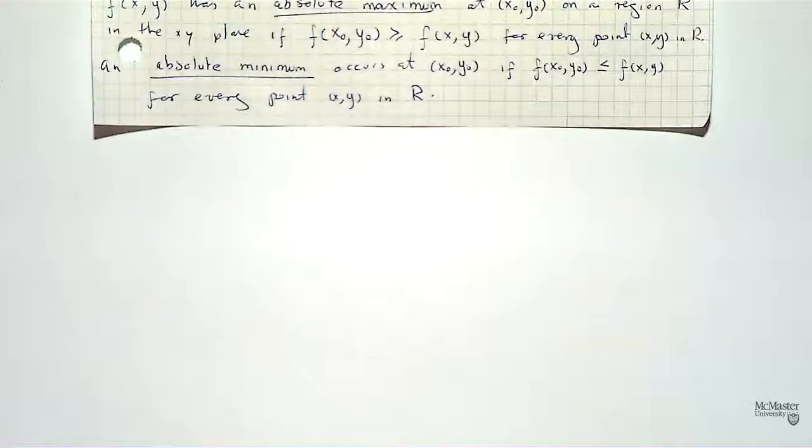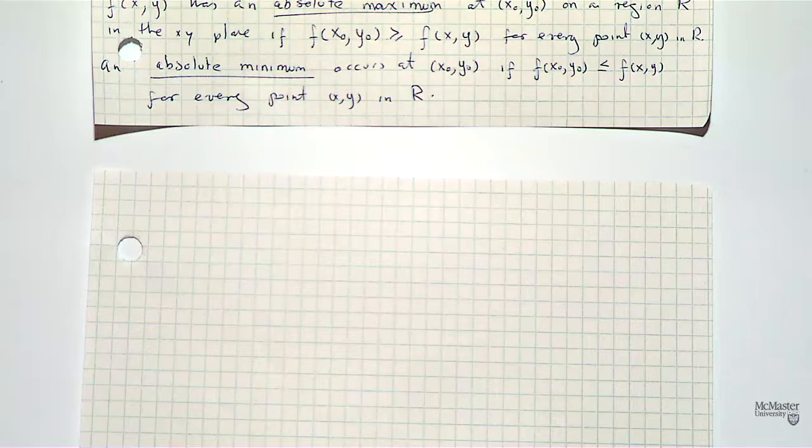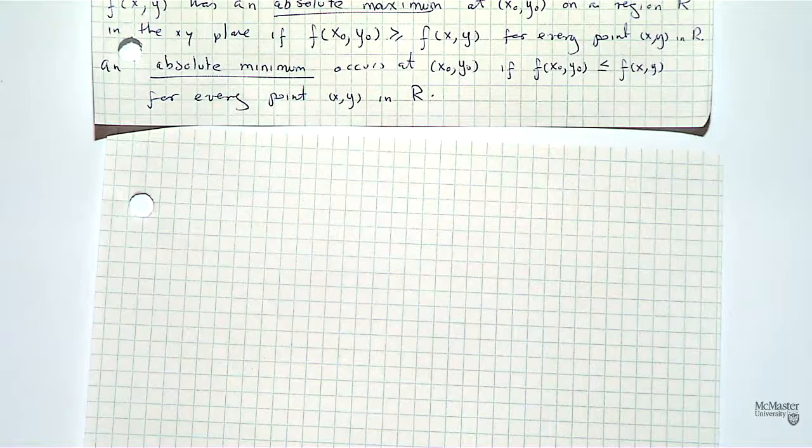So keep that in mind. Basically, this is telling you that the point attains a maximum or minimum value over the whole domain. The region is precisely the domain of the function, or that is what is assumed. So it's not only local, but a global property, right?